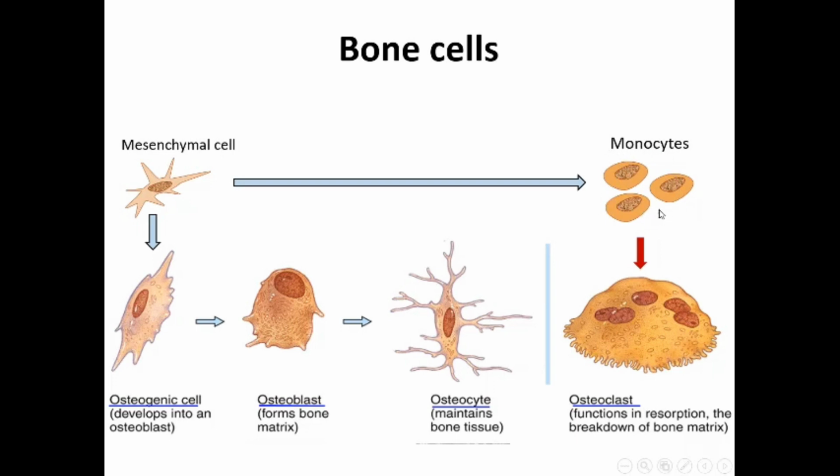Monocytes, if you remember, in connective tissue create macrophages, but here in the bone, these cells fuse together and make a huge, large cell called osteoclast. The osteoclast is responsible for bone resorption. So these cells break down and destroy the bone, and those cells produce and maintain the bone.